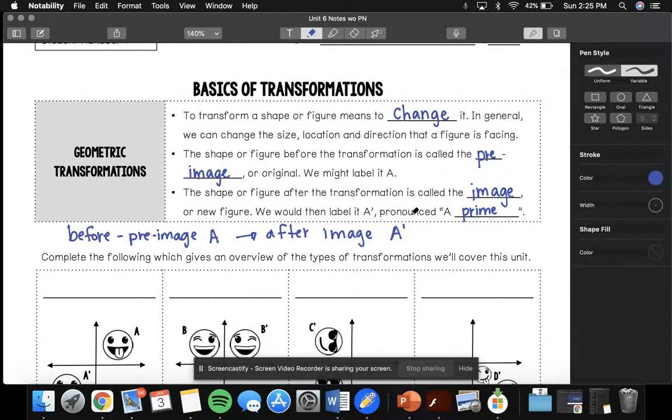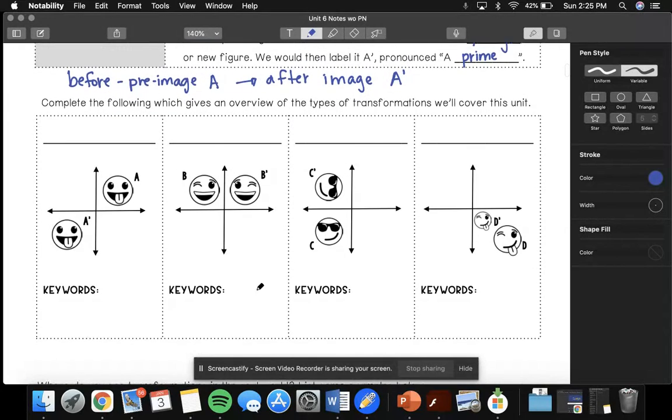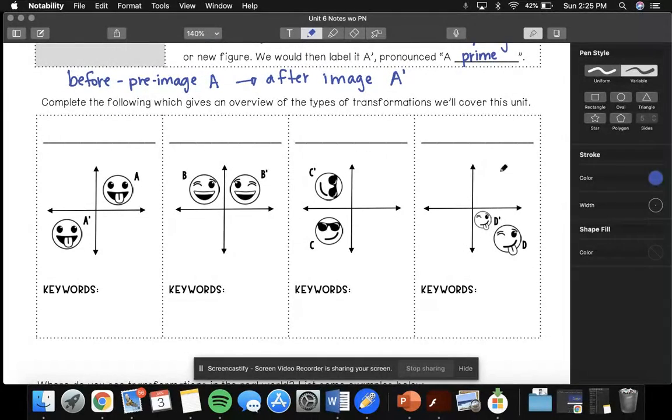So this entire unit is talking about different types of transformations. Okay, so we're going to look at different pictures and kind of see if we can figure out what these are called. Okay, so I first look for the pre-image. The pre-image is the picture notated with just a letter. Okay, and then I look and I see it's been transformed somehow, and it's now A prime.